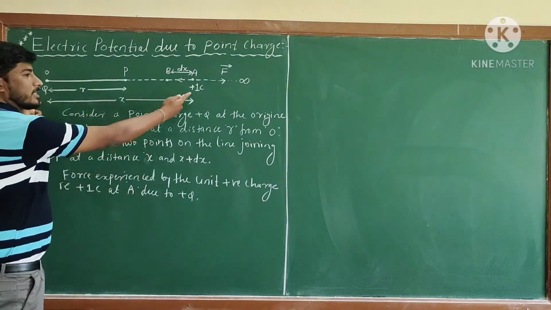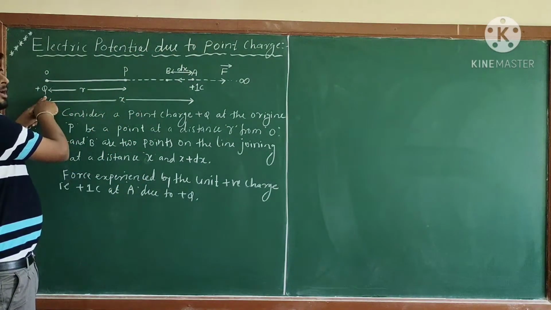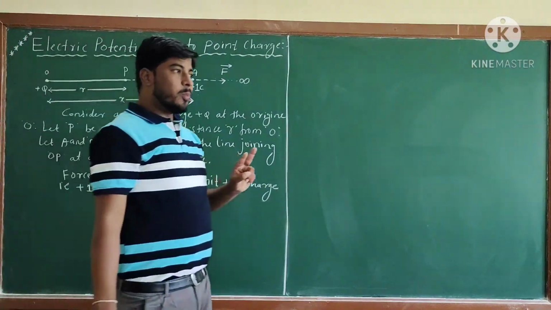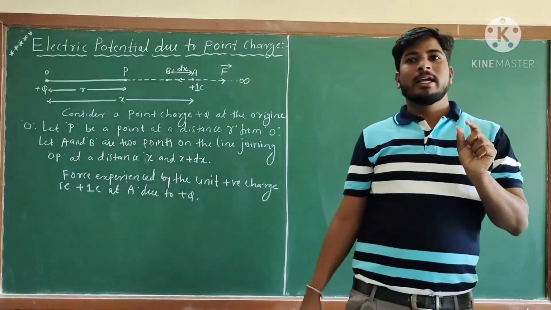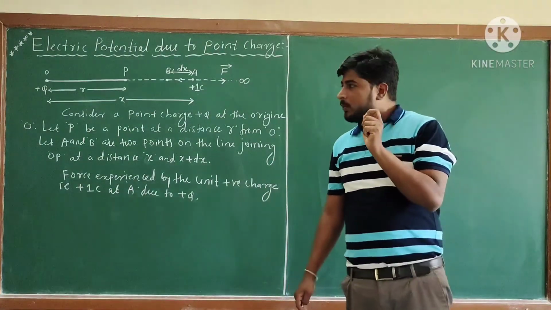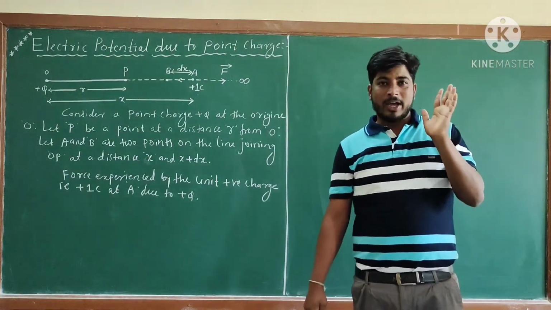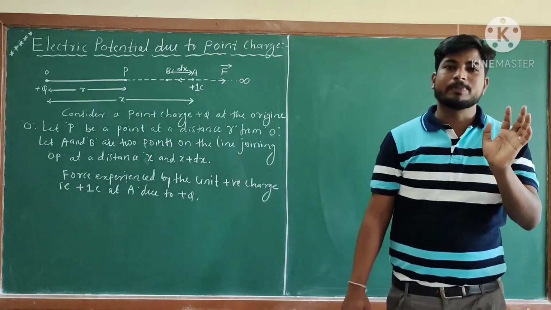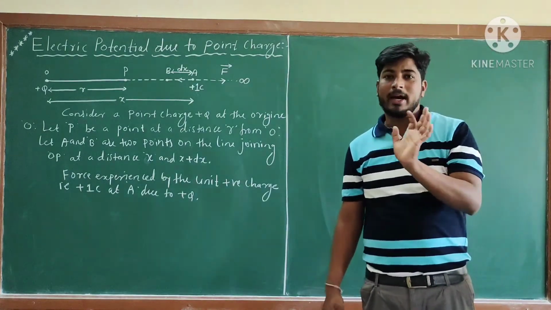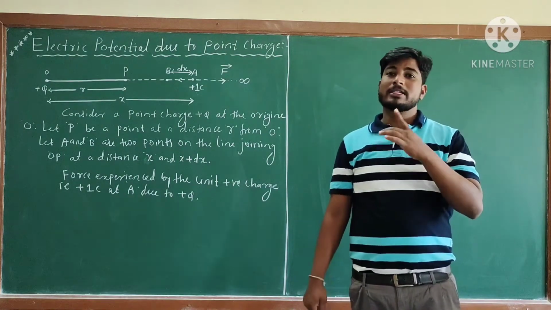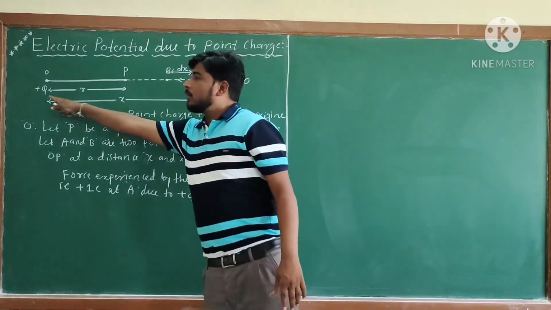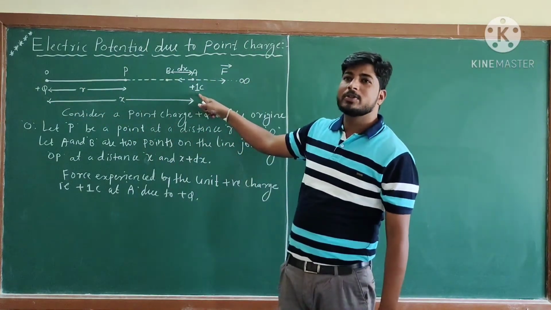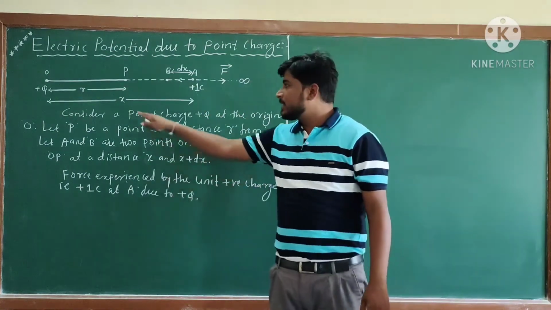So now there are 2 charges, one a point charge and one more, a unit positive charge. If there are 2 point charges placed at a certain distance x, then we use Coulomb's law. According to Coulomb's law, F is equal to 1 divided by 4 pi epsilon naught Q1 Q2 divided by R square. Instead of Q1 Q2, we have one point charge Q and a unit positive charge, 1 Coulomb, at a distance x.